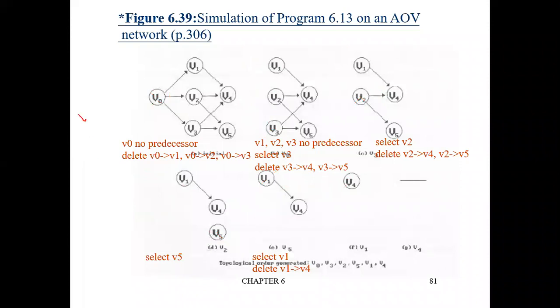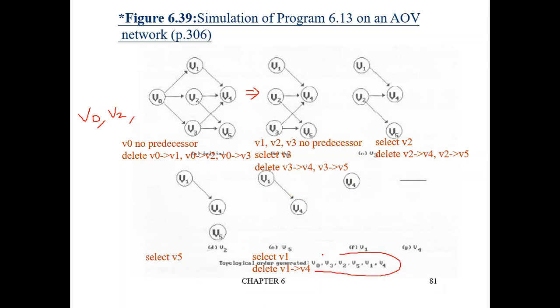Assume that in the second case we are picking V2. If we pick V2, then after V0 we will visit V2. Which edges will we delete? What are the outgoing edges of V2? The algorithm will not have only one output.